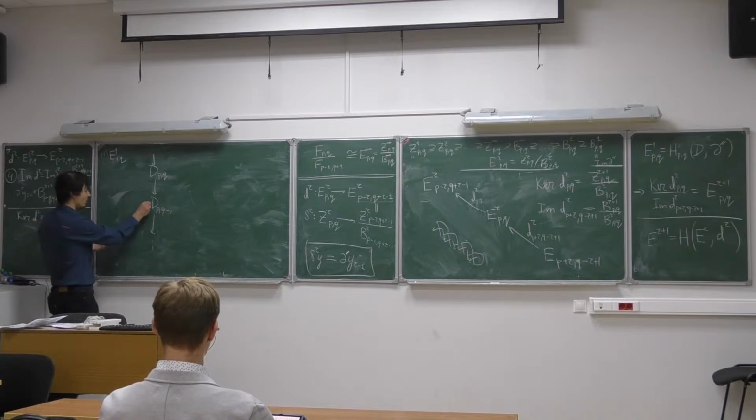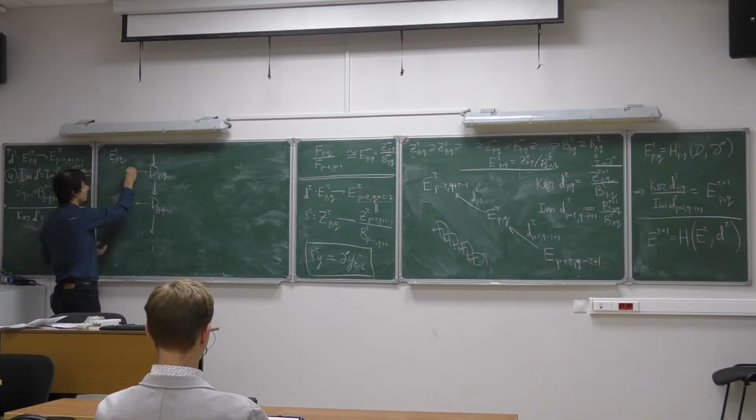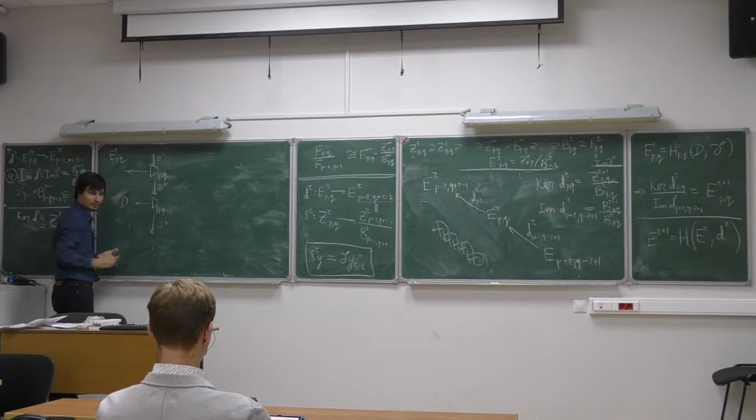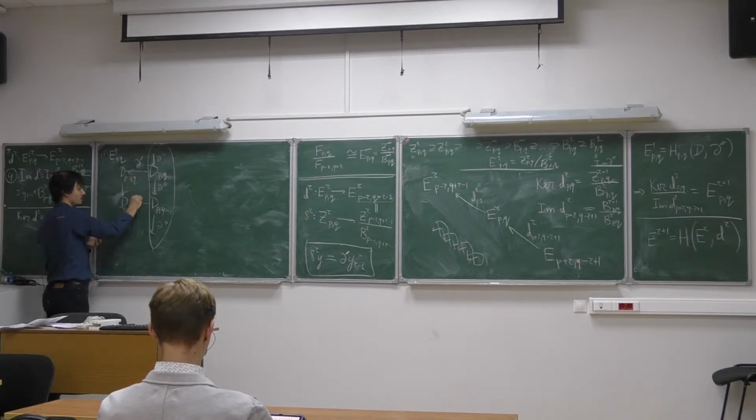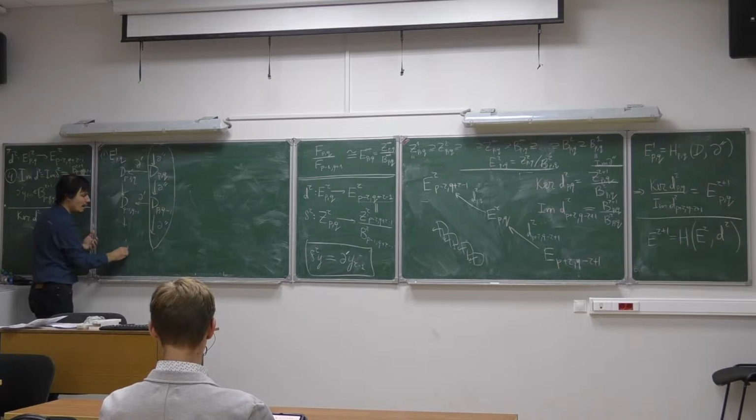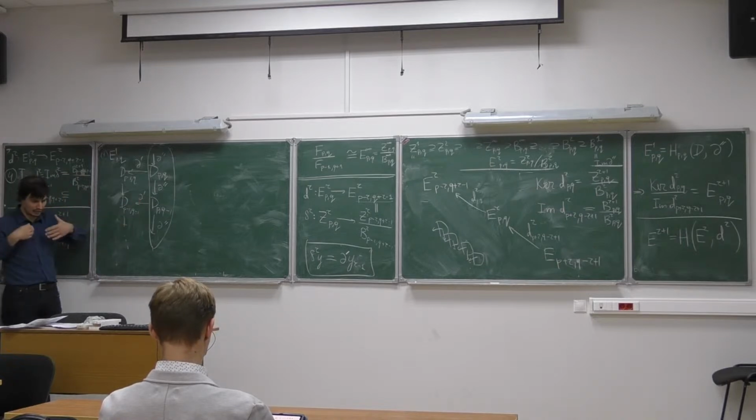These were D2 primes, and we took homology with respect to them, homology of each vertical column. And here we have the homology of the previous vertical column. And these are D primes. Up to sign, these D primes are chain maps of chain complexes.